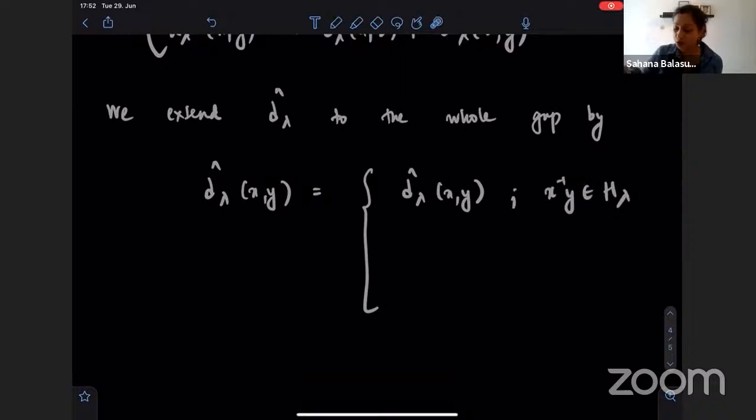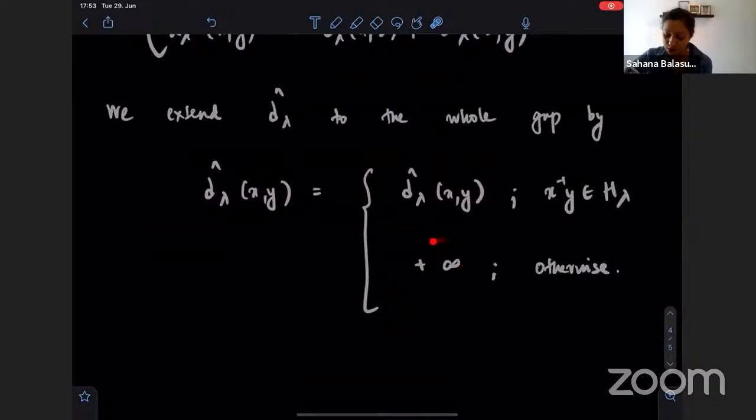And what does this condition do? What it does is extend the metric from the subgroup to all of its left cosets. And instead, you set it to be plus infinity otherwise. Which means that if x inverse y does not belong to the designated subgroup, then the admissible length is always plus infinity.